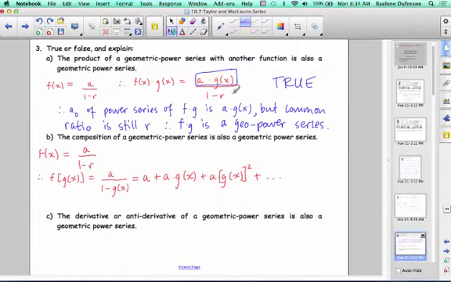And so since the common ratio is equal to g of x, we still have a geometric power series.